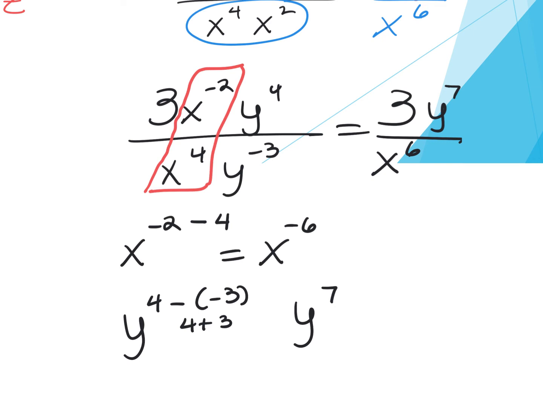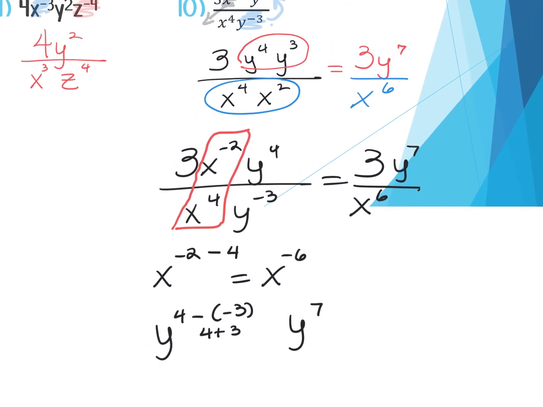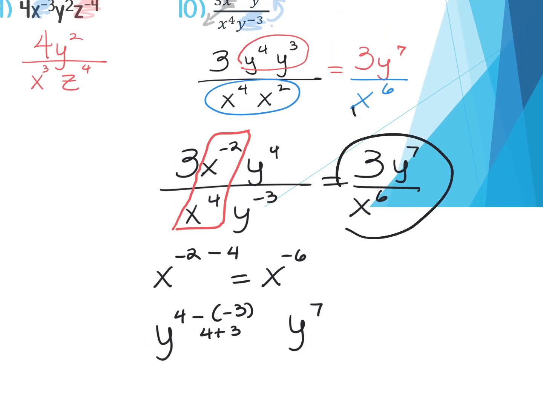Once you do keep, change, flip, well, we did. We got a negative 6, but then when I place it back into the answer, it goes in the bottom. So you shouldn't have any negatives in your answer. You need to place them in the appropriate spot. Does that make sense? Okay, so notice I got the same answer using either technique. I don't care which one you use, just find the one that's going to work the best for you.